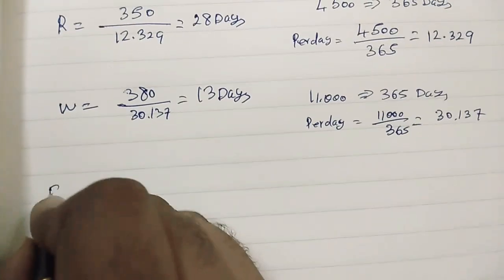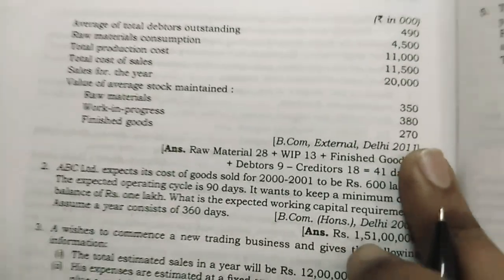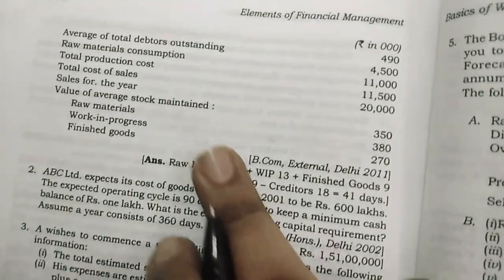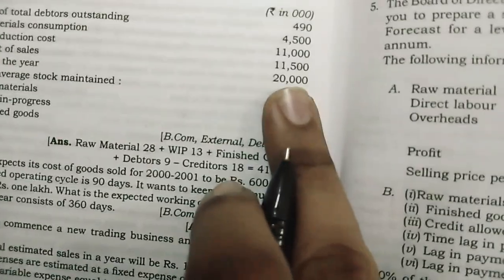Next, finished goods, F. Average stock of finished goods is 270, given in the problem. For the stock of finished goods, you have to use the cost of sales value. So take 11,500.